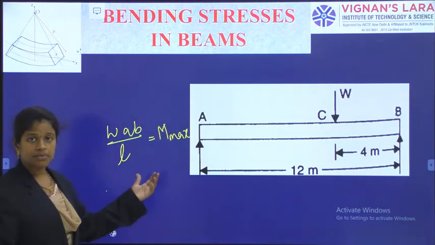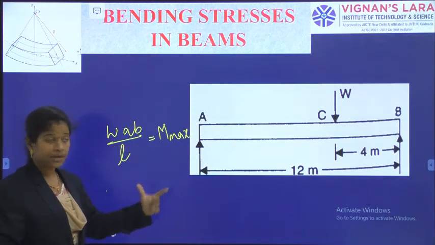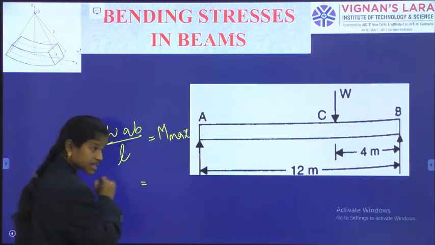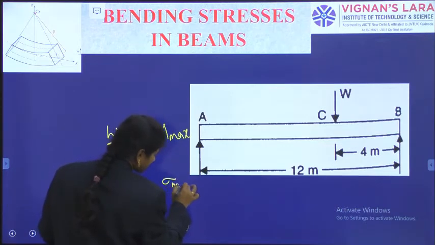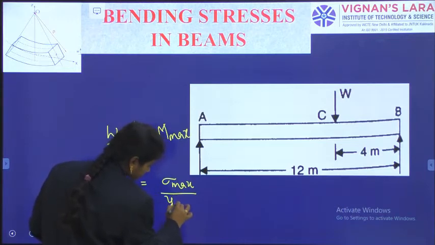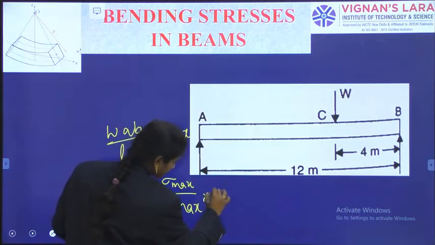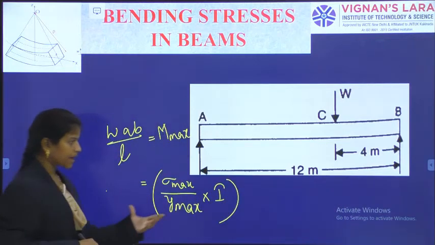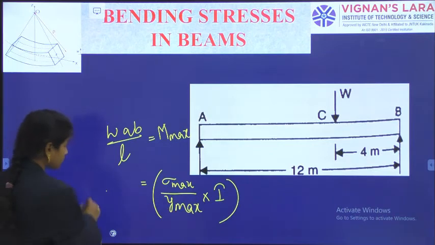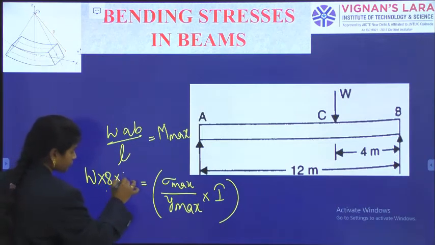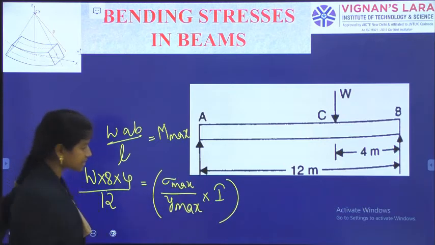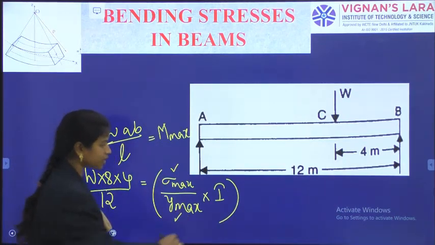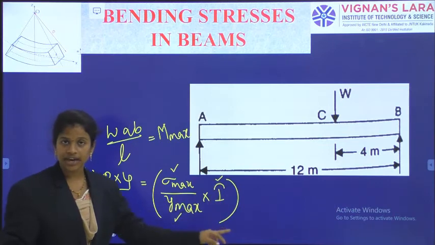So the maximum bending moment M max is equal to WAB by L, and M max, which we calculated in the previous step using sigma max by y max into I, is the maximum moment we have got. With A as 8 meters, B as 4 meters and L as 12 meters, substituting all these values, sigma max they have given, y max we have substituted, the moment of inertia of the I section we have calculated.